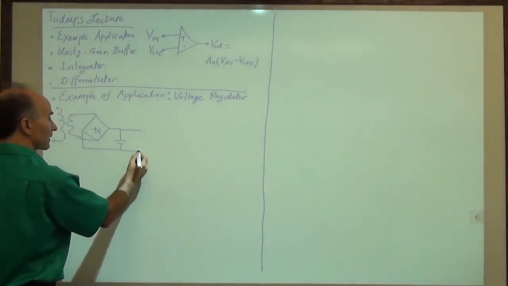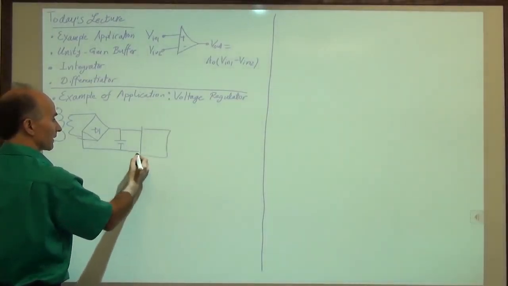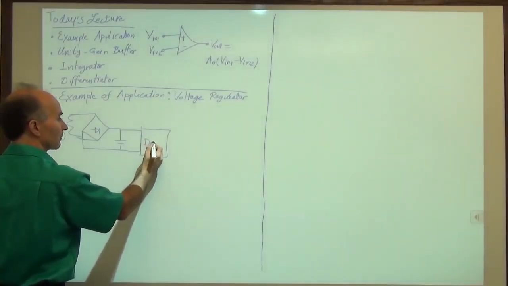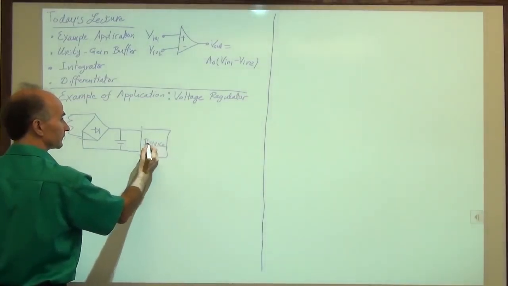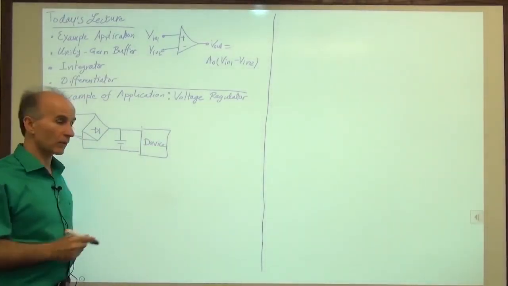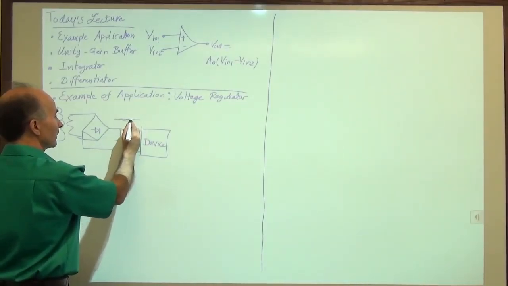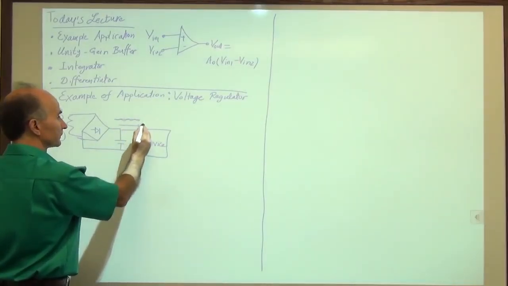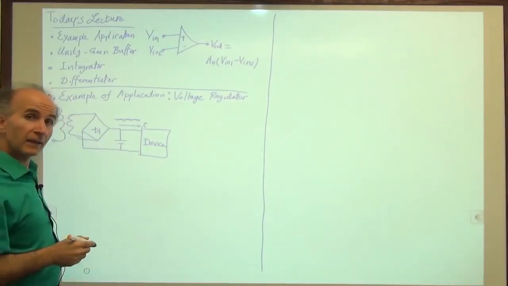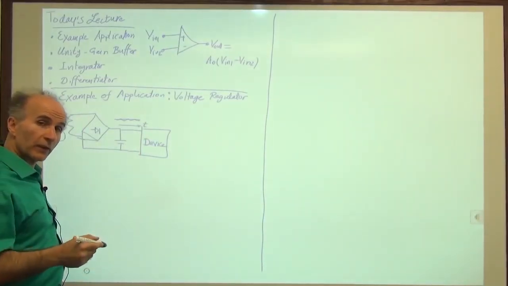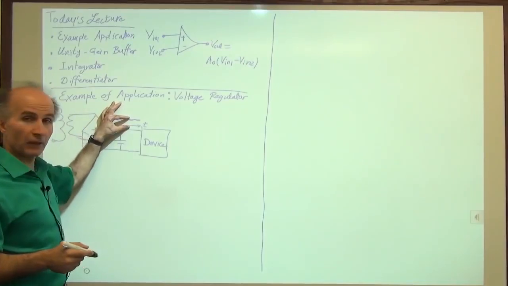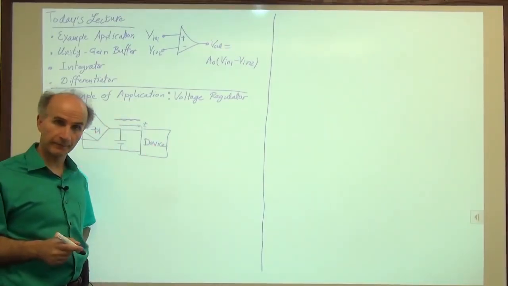And then we used this to drive some sort of device, some sort of equipment. Okay, so here we have a constant voltage with a small amount of ripple on it. So we went from AC at 110 volts or 220 volts to DC of, let's say, 15 volts.